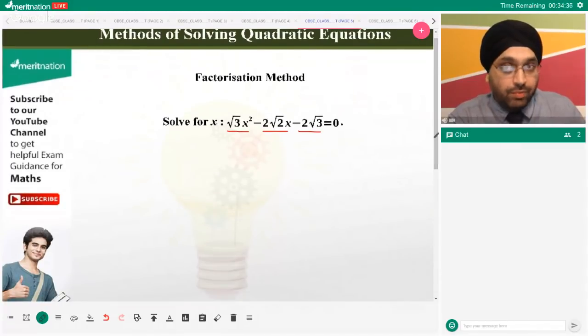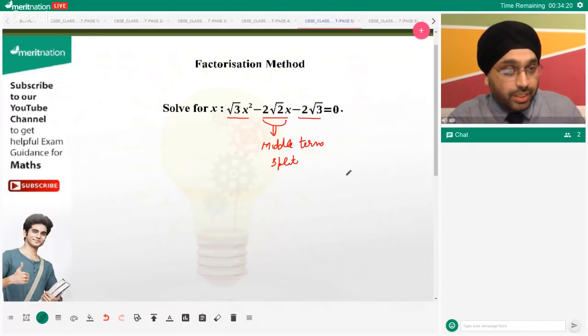Now, whenever we want to solve the quadratic equation by using the factorization method, we just need to split the middle term. So this is known as the middle term. We just need to split it. Let's see how we can split it. If you remember, we write the middle term as a sum, which is minus 2 root 2 x.